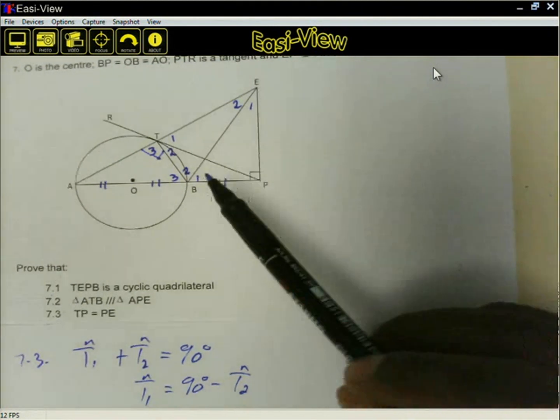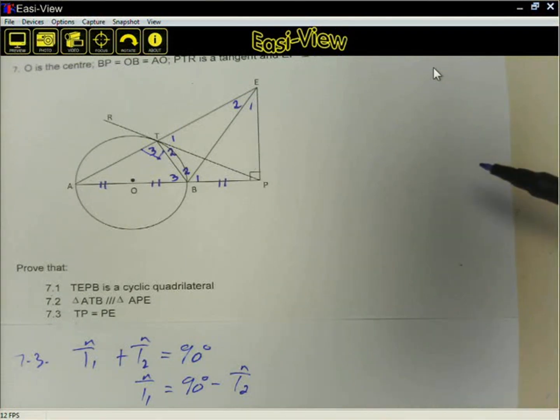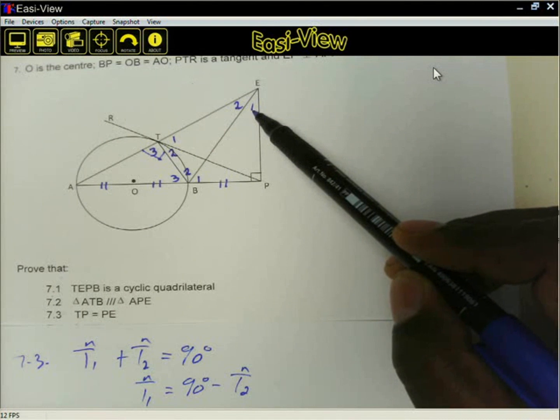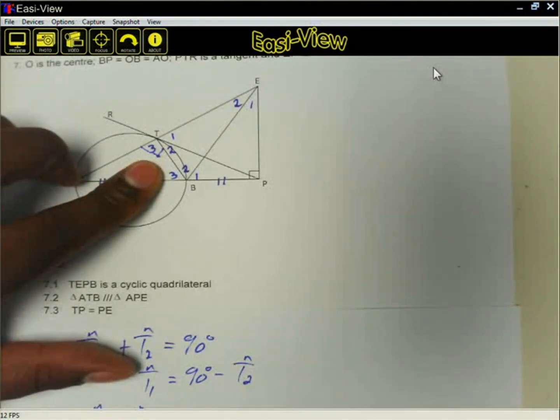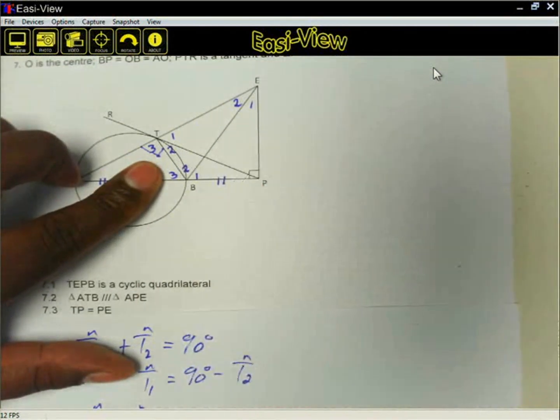Remember, TEPB is a cyclic quad. What does that mean? It means T2 is equal to E1. Remember, T2 is equal to angle E1. Why do I say T2 is equal to E1? We need to provide a reason.